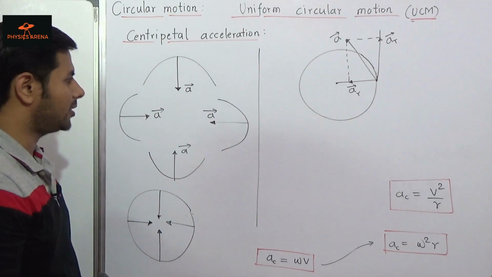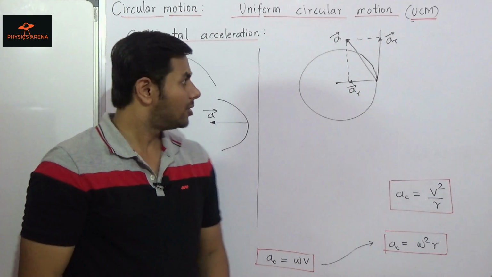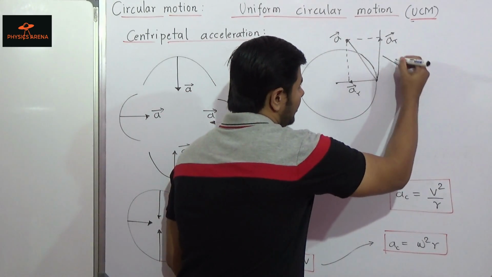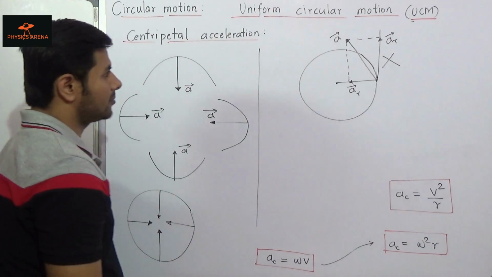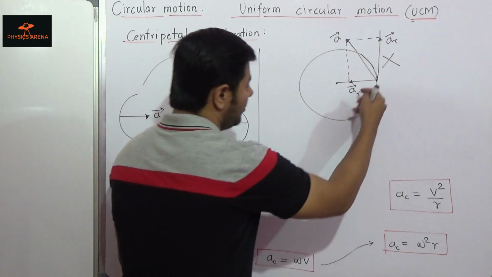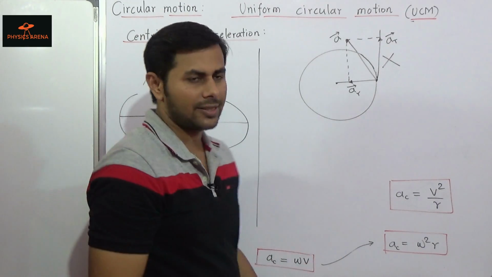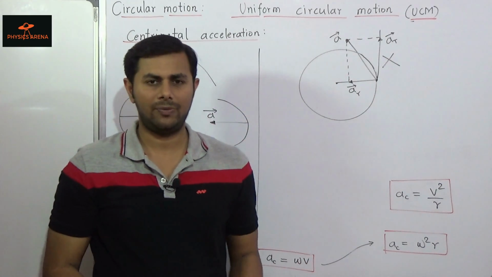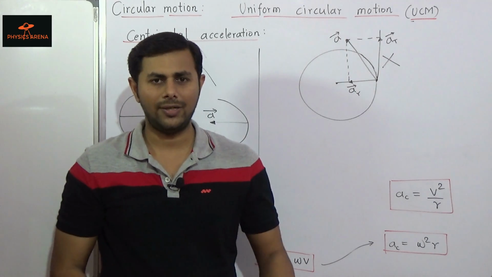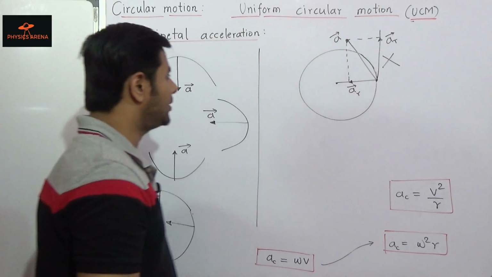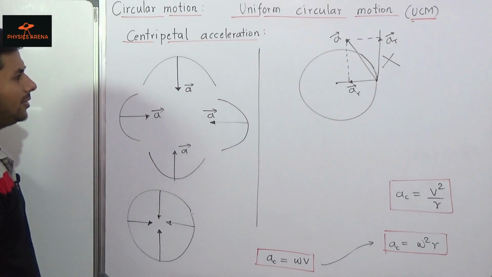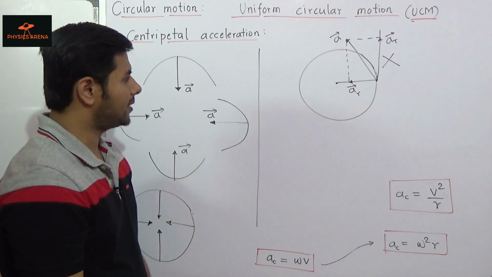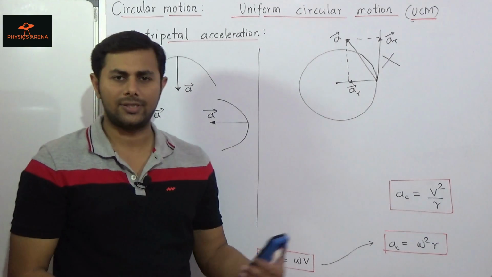Uniform circular motion has constant speed, so we cannot have a change in velocity in the tangential direction. So we are left with only one component of acceleration, and which is in fact radial. That's why we call it radial acceleration or the centripetal acceleration, since it is directed along the radius and towards the center of the circle.